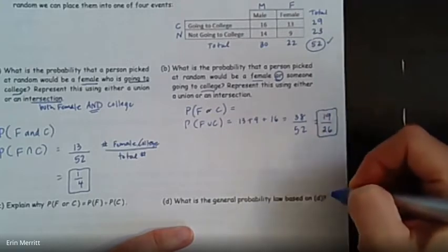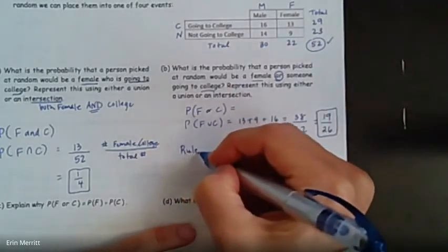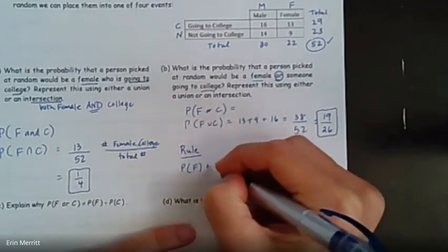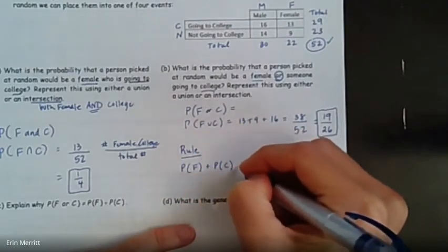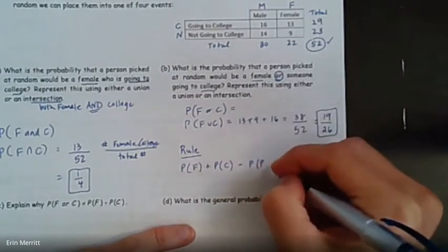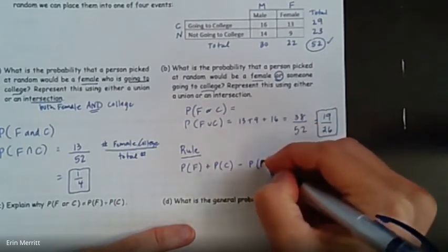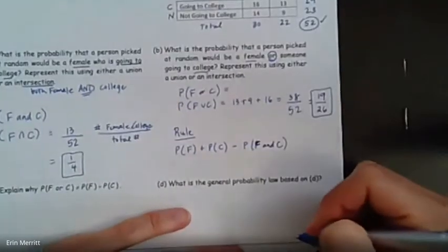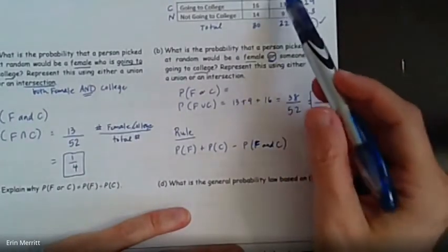If I want to use the rule though, what the rule said would be to take everybody that's female, plus everybody going to college, and then subtract the overlap. So the probability that they're female and going to college. So just to show how you use the rule in this case, we added up all the females.